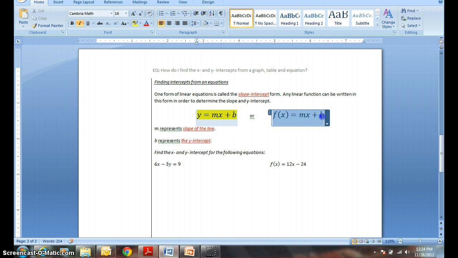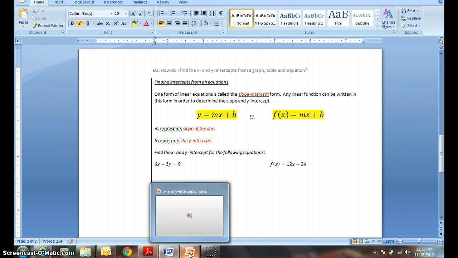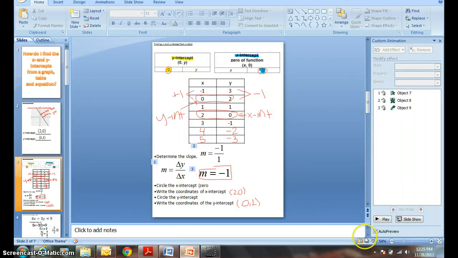Or it can be written as f of x equals mx plus b. So it's y equals mx plus b or f of x equals mx plus b. Now, the m is going to represent the slope of the line, and the b represents the y-intercept. So my m is my slope and my b is my y-intercept. So let's go look at the problem.